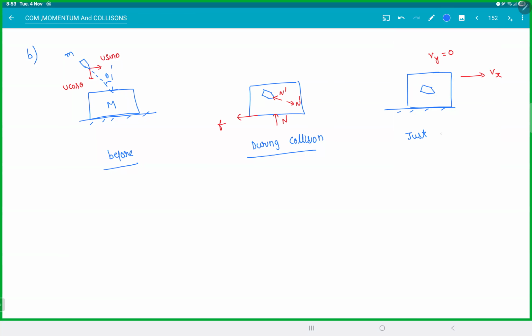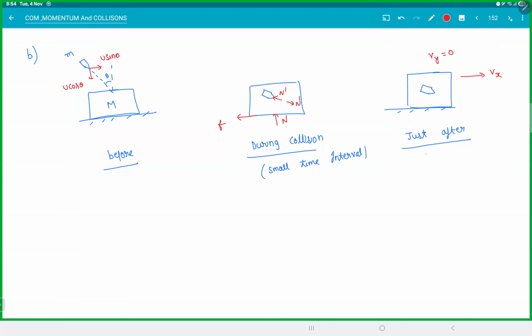So this is just after collision, and the time interval is very small. From here to here, it will take dt, a very small time interval. So the time will be almost negligible. You're talking something like a millisecond or something.